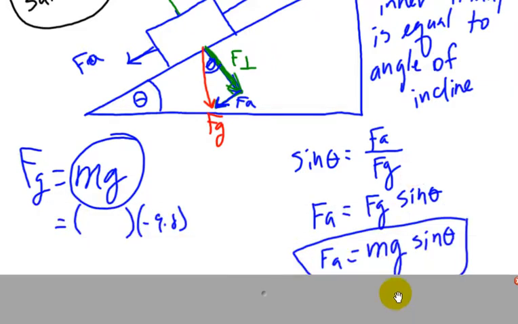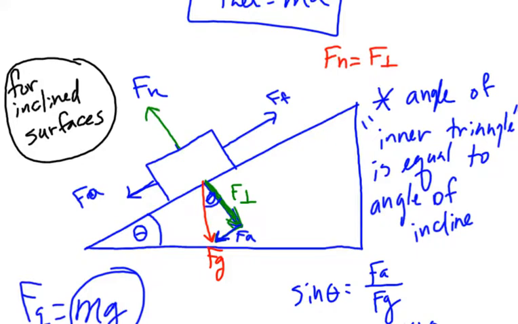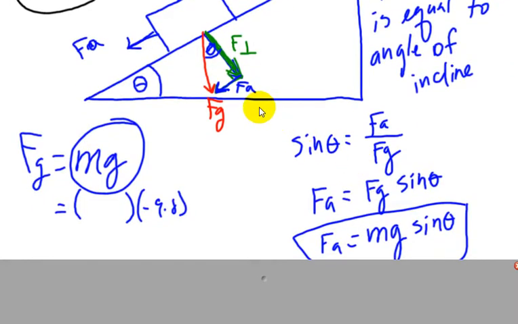So of course, to figure out Fg, it's mass times gravity, and some other little equations that you may wish to use. If we're looking to find Fa, the force parallel, or the force applied down the plane, it's opposite over hypotenuse, Fa over Fg, and if we multiply each side by Fg, we get that. And of course, Fg is mass times gravity.